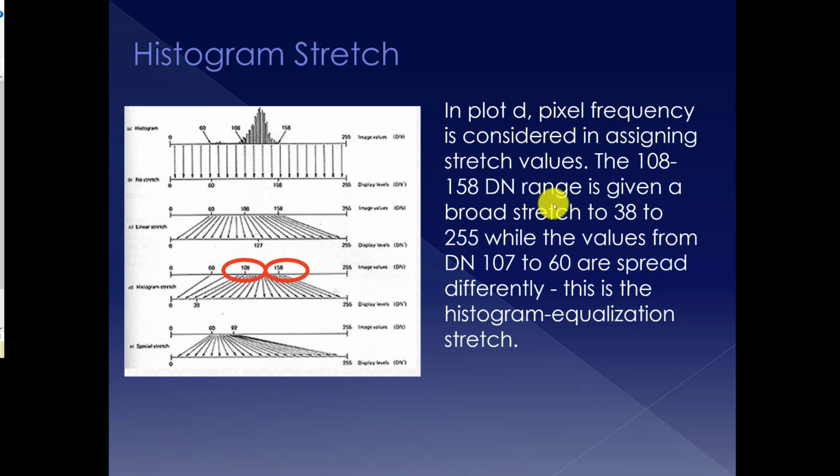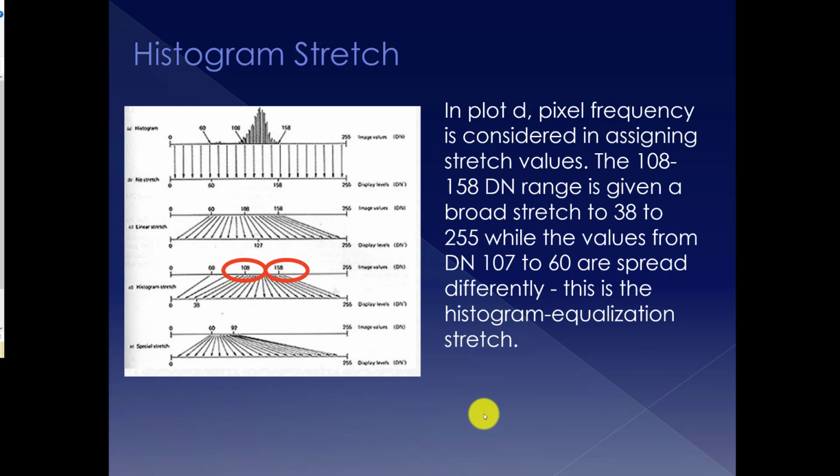And so now we're giving a broad stretch from 38 to 255, and the values of 107 to 60 are spread differently. This is histogram equalization stretch. So again, this is looking at the natural or normal, if it is normal, distribution within our pixel values, and it is stretching them accordingly.